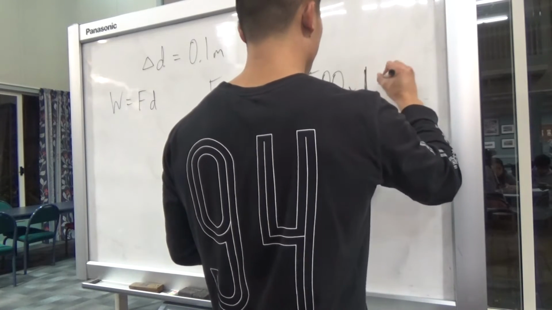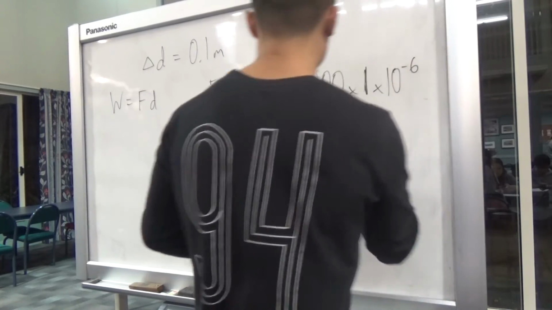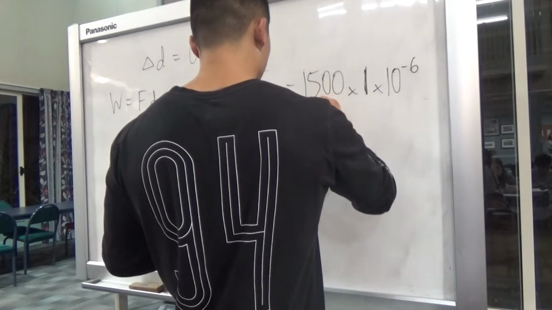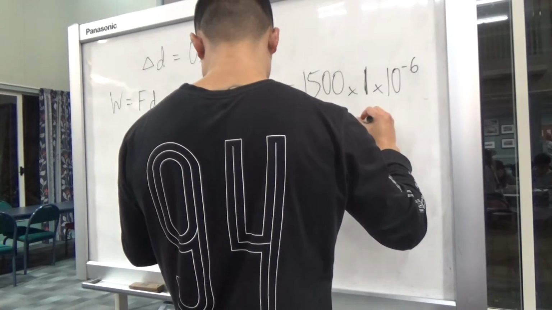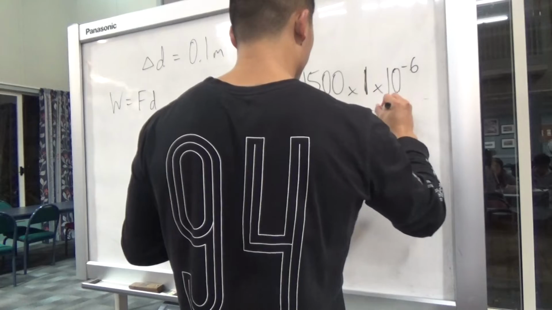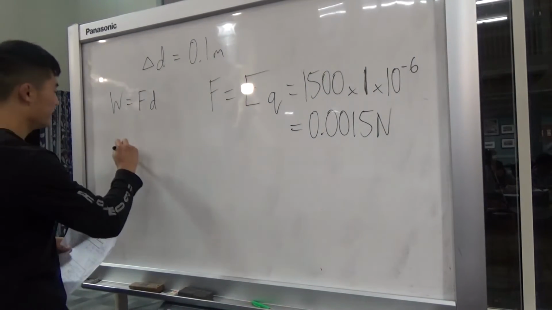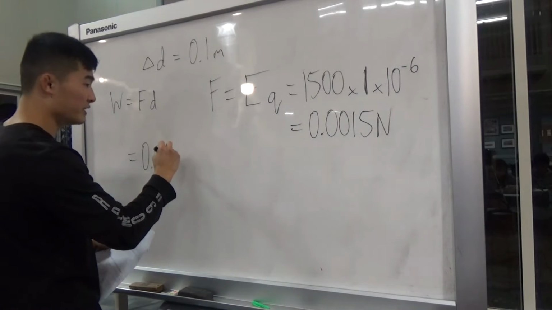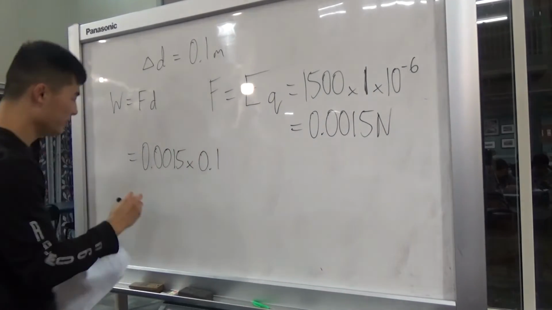But we can just use 1 times 10 to the negative 6. And that's going to be 0.0015 newtons. So that's our force. So work is equal to force times distance. 0.0015 times 0.1.